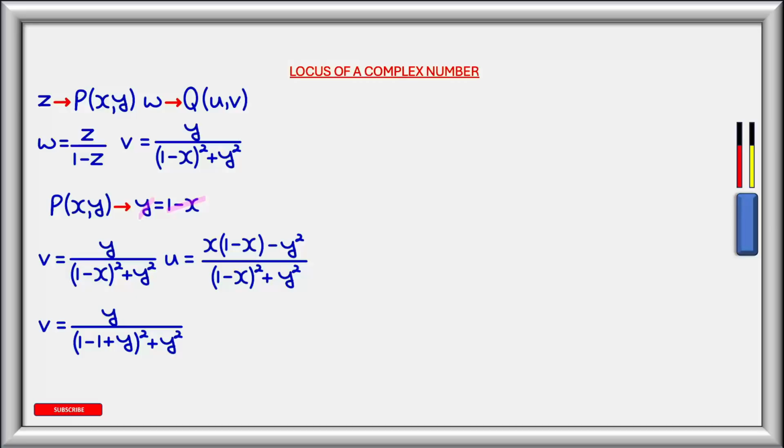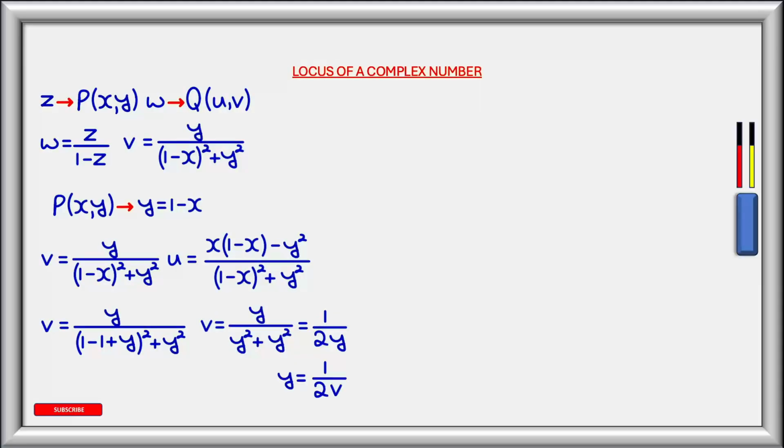And so if we substitute for x in our expression for v, we have v is equal to y divided by (1 minus 1 plus y) all squared plus y squared. And so v is equal to y divided by y squared plus y squared, which simplifies to 1 divided by 2y. And therefore y is equal to 1 divided by 2v.